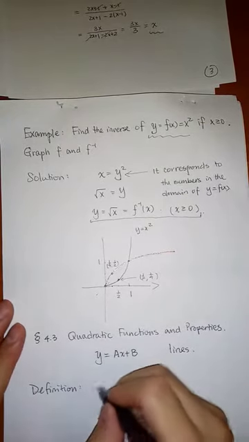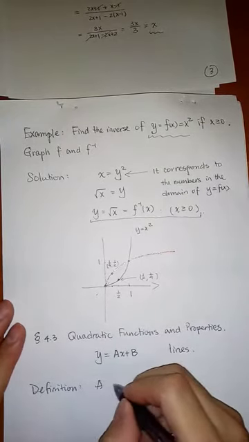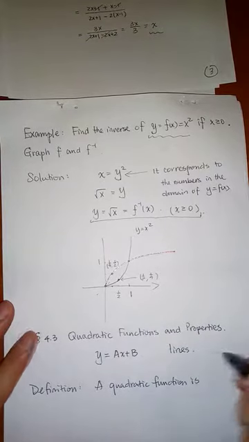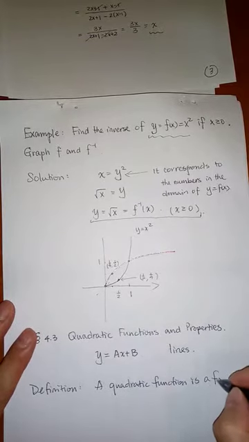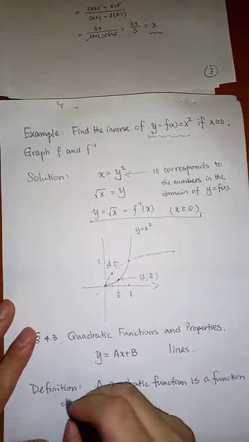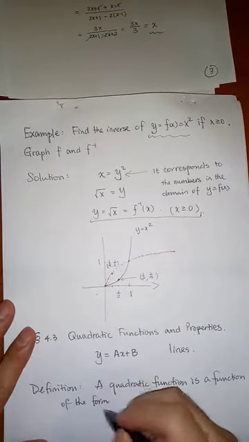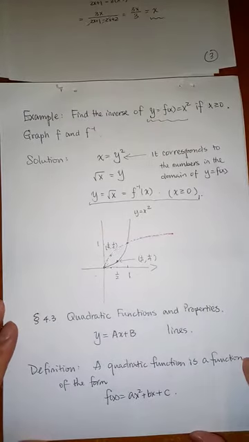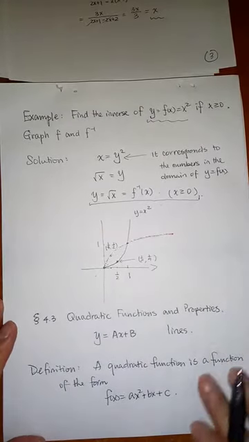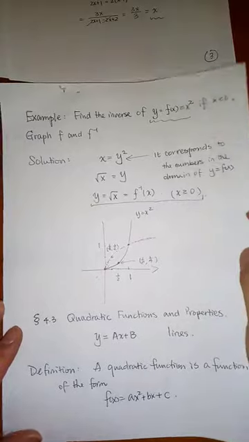A quadratic function is a function of the form f(x) = ax squared plus bx plus c. Of course, we want it to have second degree.